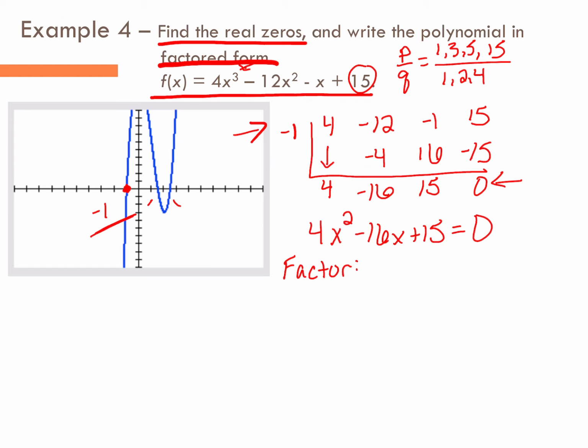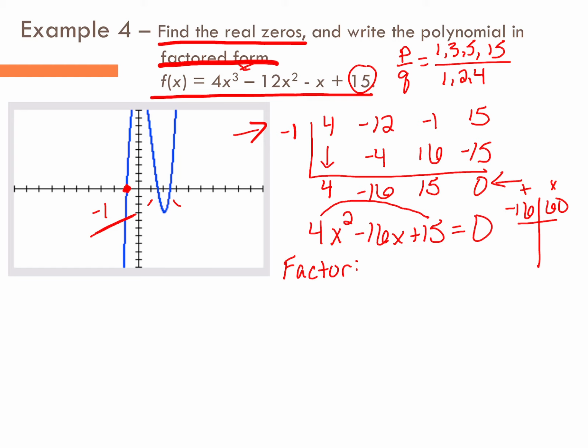So go back, remember when we factor, we multiply our AC method 4 times our 15, and we redo this. So when we multiply 4 times 15, we get 60. So as a quick reminder, we need to multiply to get 60 and add to get our middle number of negative 16. So in this case, what multiplies to give me a positive 60 and adds to give me negative 16?